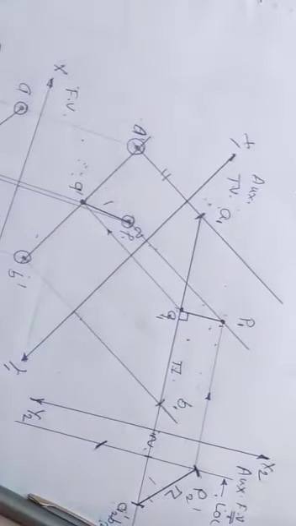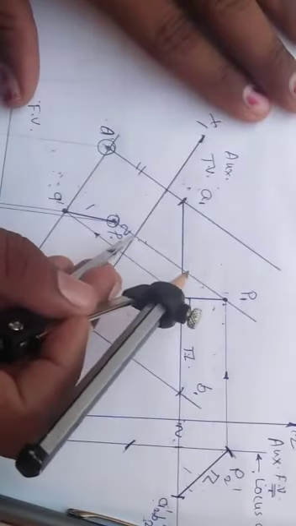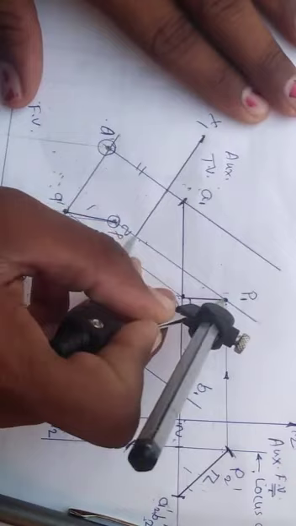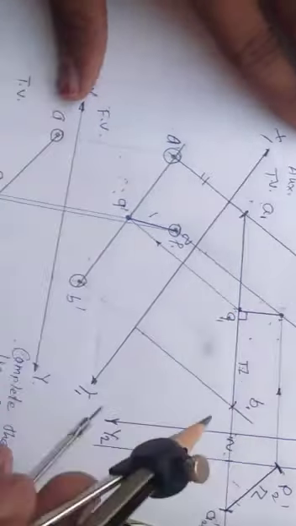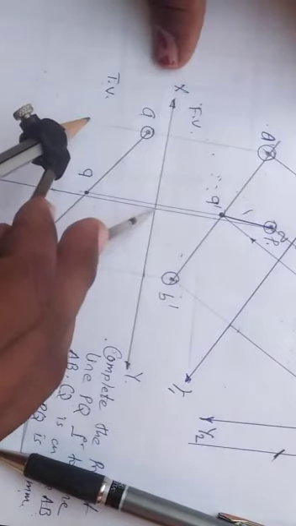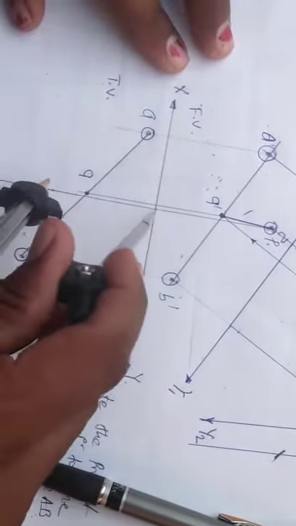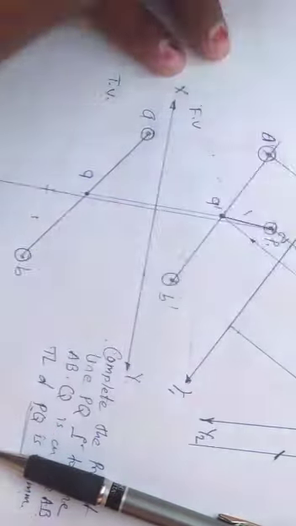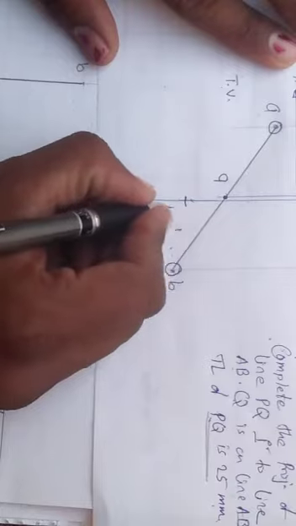As we are coming in reverse, we will have x1 y1 minus 1, that is xy. So take this distance, measure it from x1 y1 and locate it from xy. Here you are getting point P.